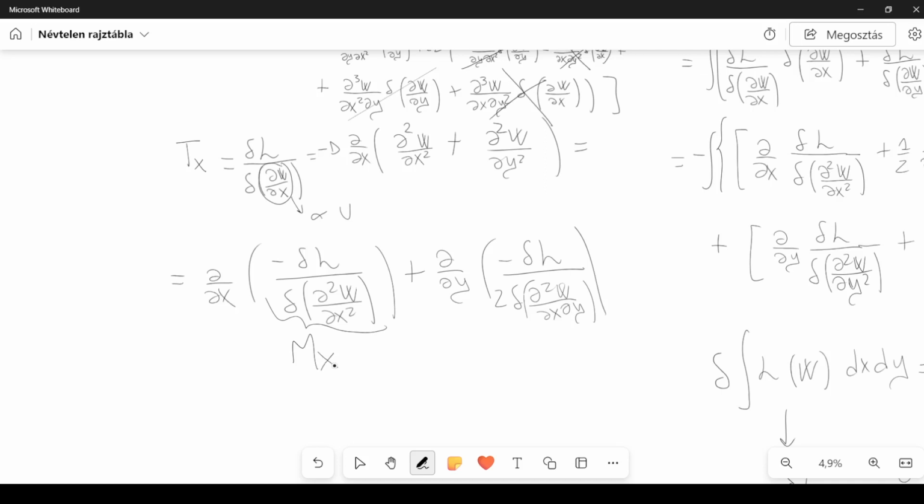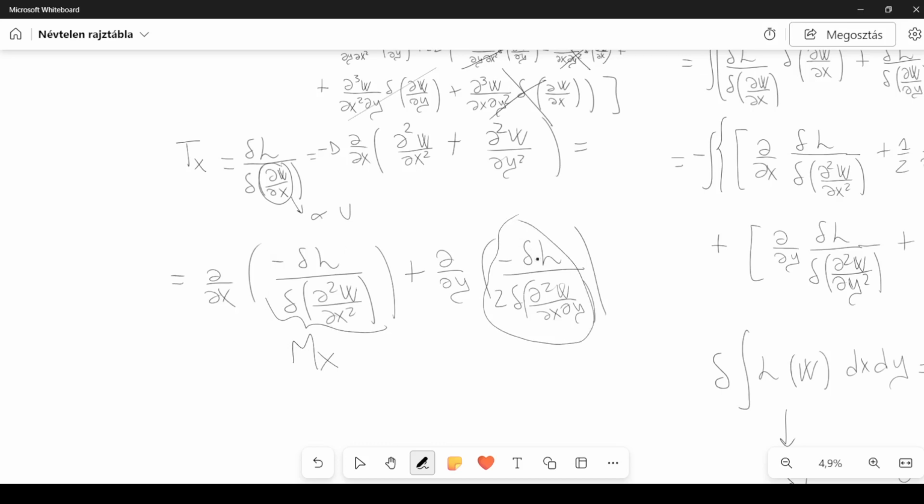And why is that? What is the intuition behind that? It is due to the fact that the second derivative of w with respect to x squared gives us information regarding the curvature of the beam, in this case the plate, along the x direction. So the way it bends along the x direction. And this is related to the bending moment that we call mx.